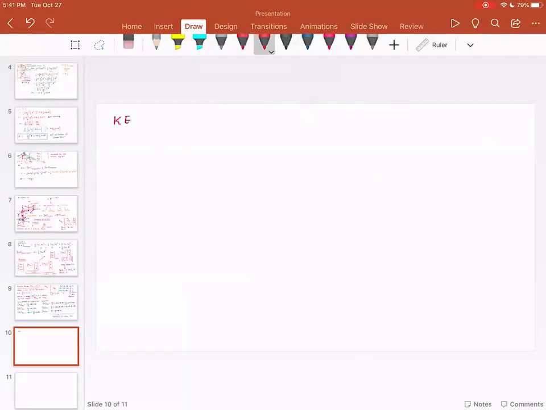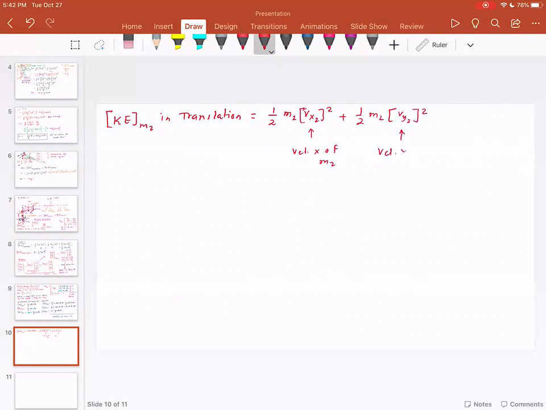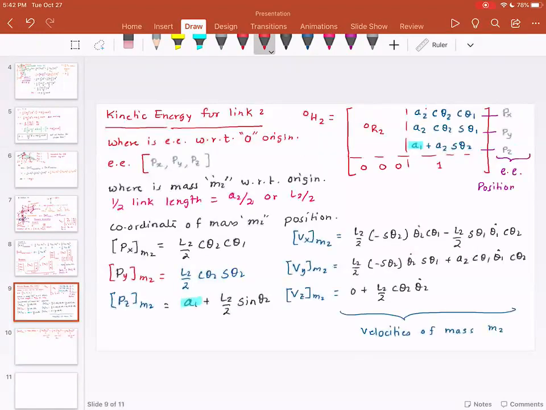So the kinetic energy of mass M2 in translation is equal to, and I'm not going to rewrite those expressions, 1/2 M2 Vx2 square, this is the velocity x of M2, plus 1/2 M2 Vy2 square, which is velocity y of mass M2, plus 1/2 M2 Vz2 square, which is the velocity in z direction of mass M2.